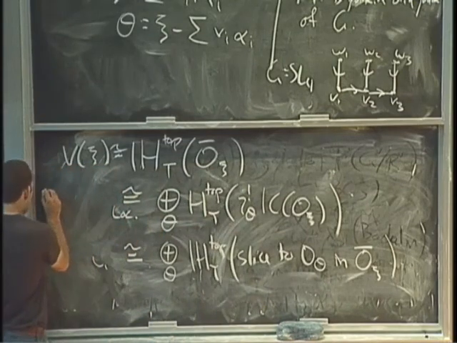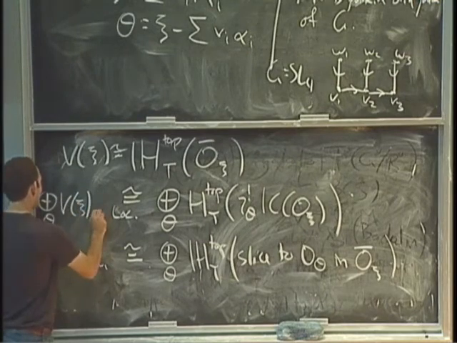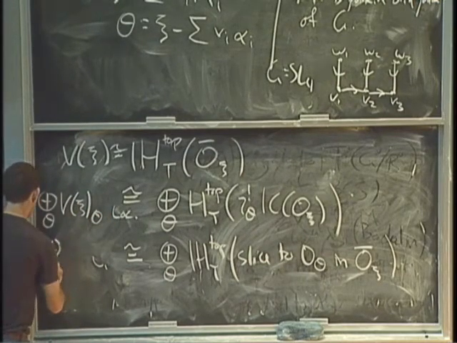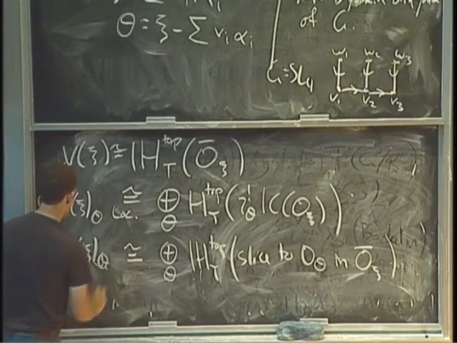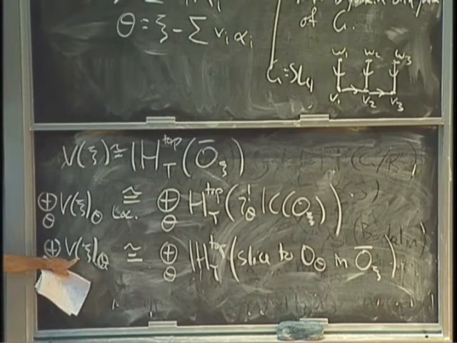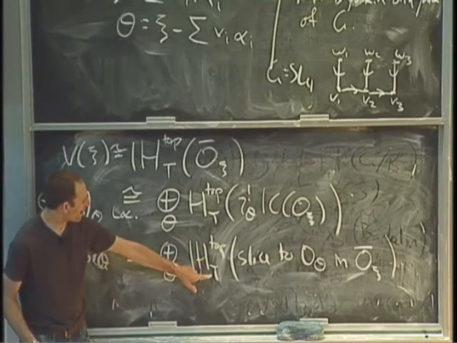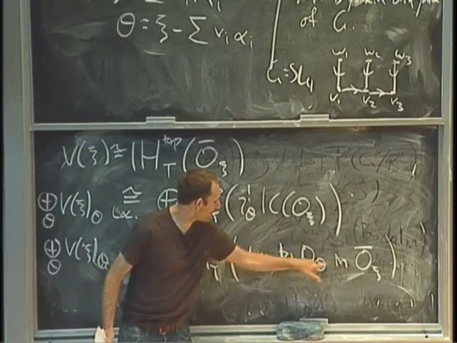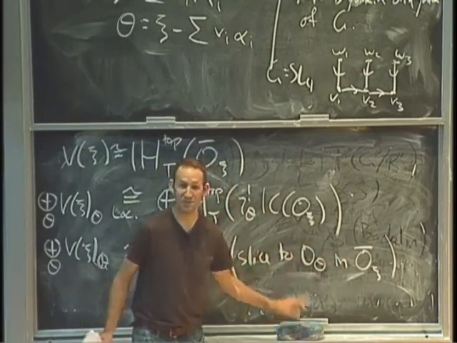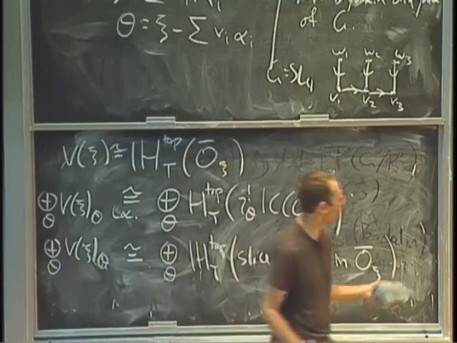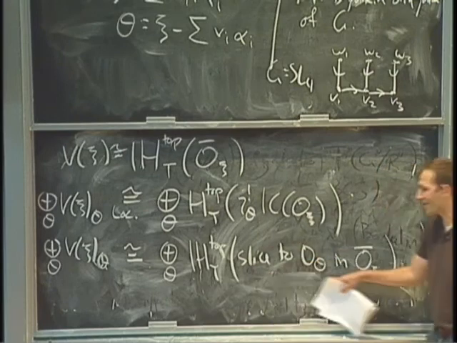So this is now a direct sum over theta of V Xi theta. So in other words, the theta weight space of V Xi is supposed to be the top equivariant intersection cohomology of a slice in the affine Grassmannian to one orbit inside the closure of another orbit. Okay, so this is supposed to look like our M0.